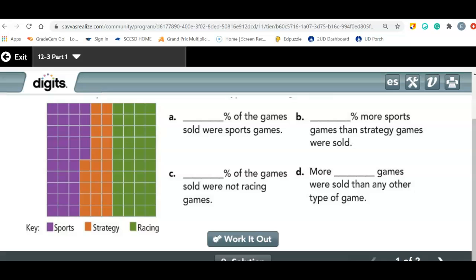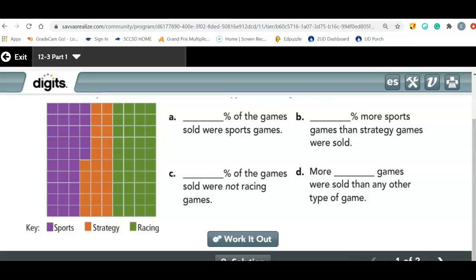How do we find 10% there? Perfect. You have to find the percentage of the sports games and you subtract the strategy. 35 minus 25.